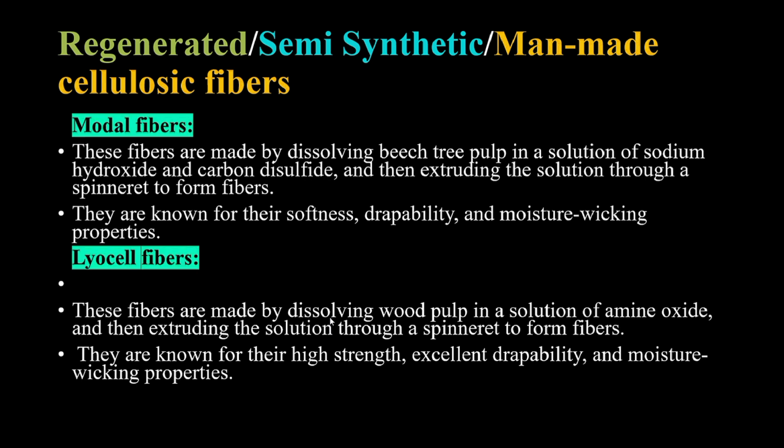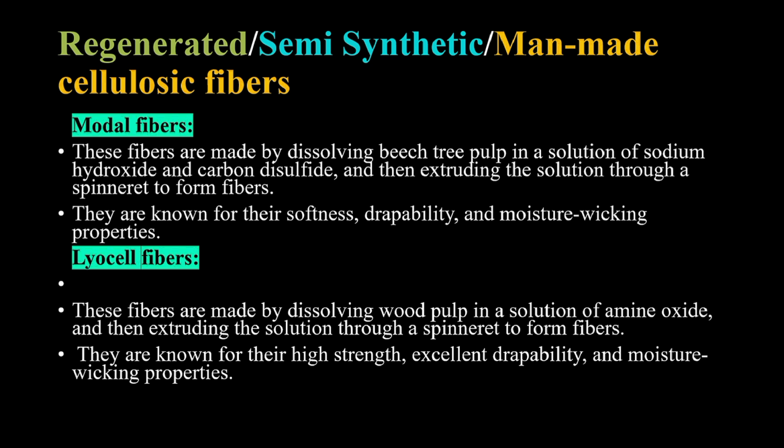In modal, the same chemicals, sodium hydroxide and carbon disulfide, are used, but the difference is the dissolving wood pulp is beech tree. While in the lyocell case, the wood pulp is the same, but amine oxide is used as the solution, and they have high strength. This was the overview of these fibers.